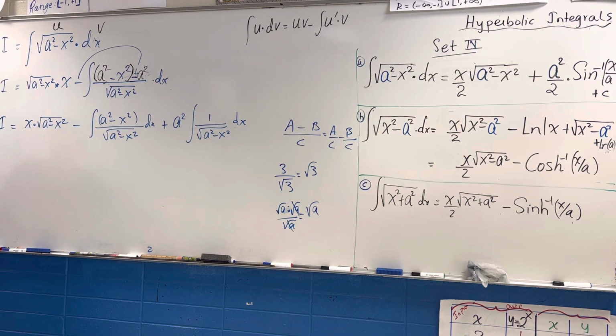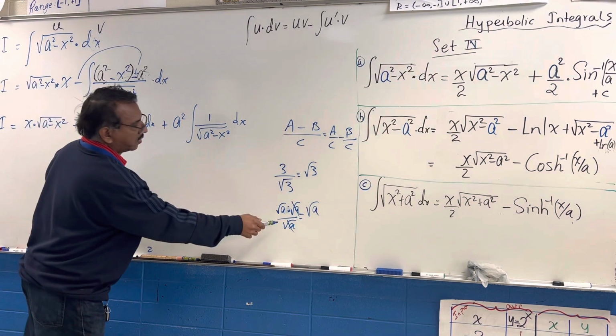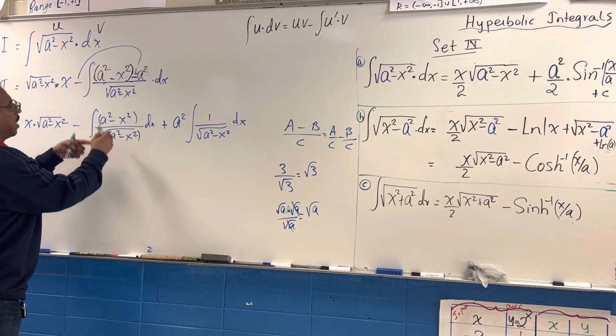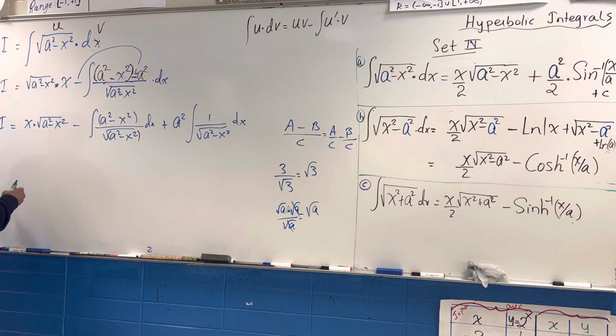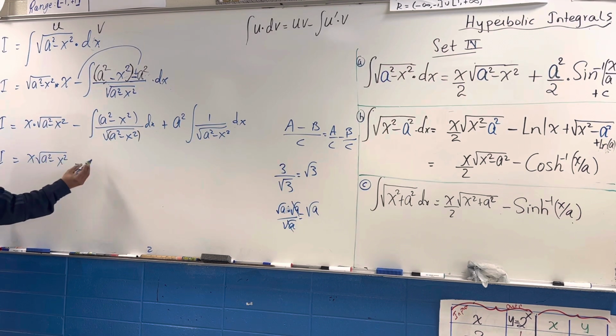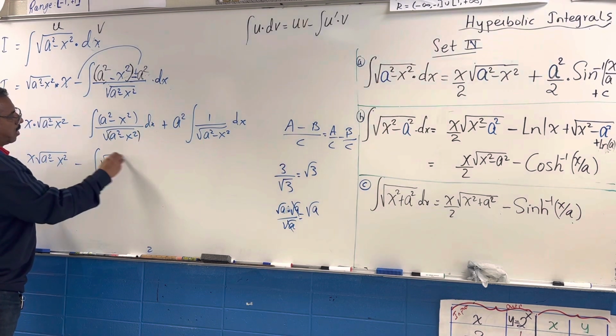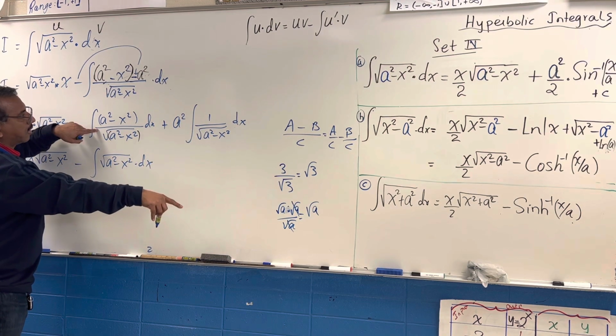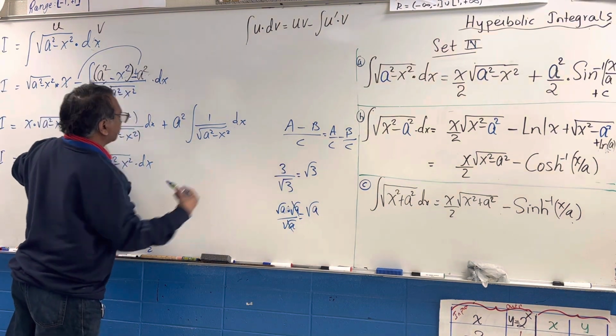Okay, so now this step I'm going to use this because it's the same thing inside. So I can write the top one as square root. So this is the integral of square root of a square minus x square dx, applying that same idea.